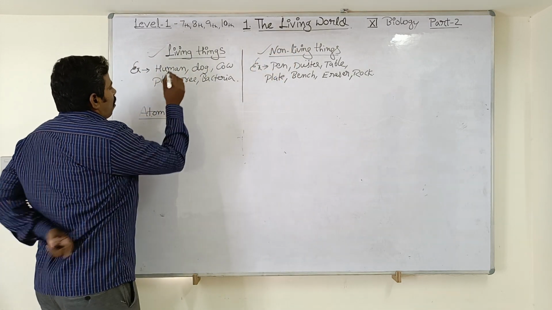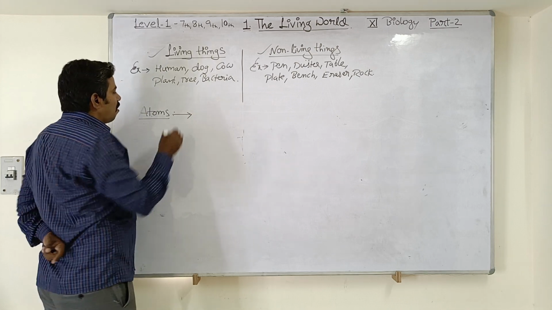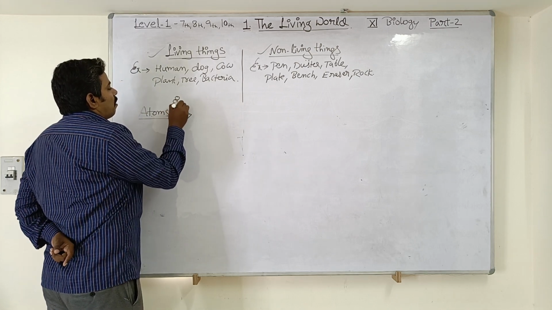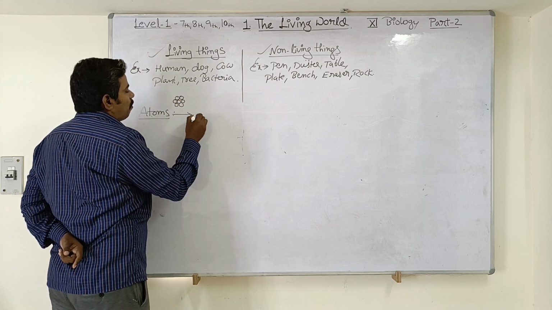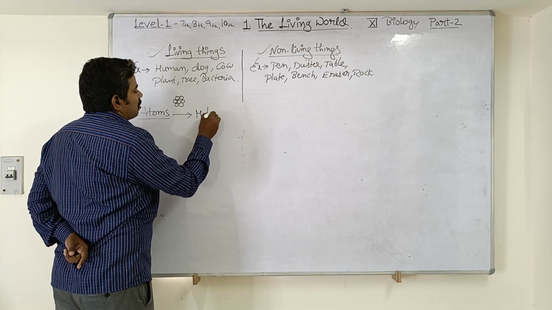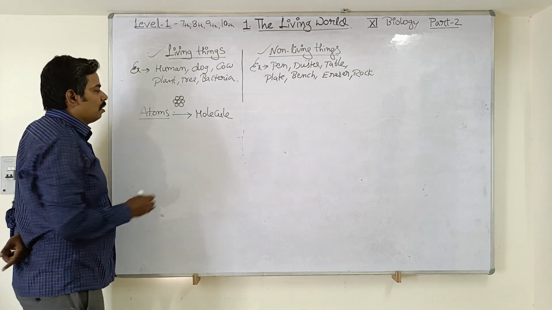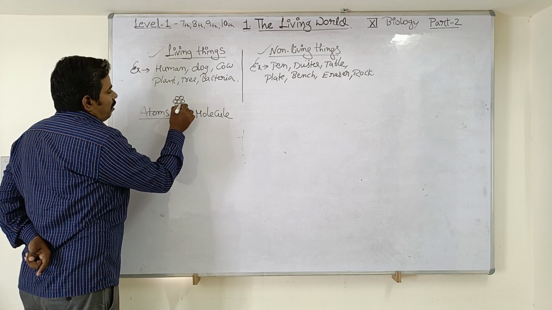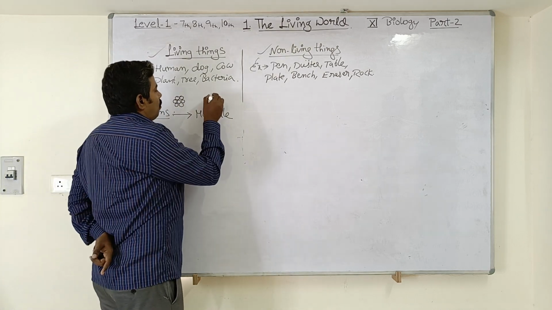In non-living things, different types of atoms combine together and form a structure called a molecule. So many atoms combine to form a molecule.